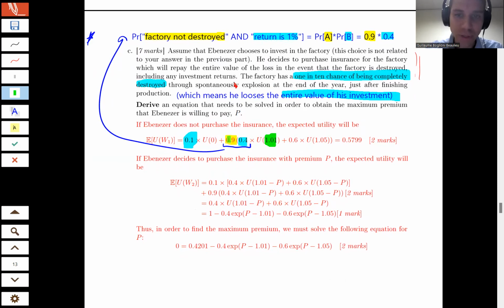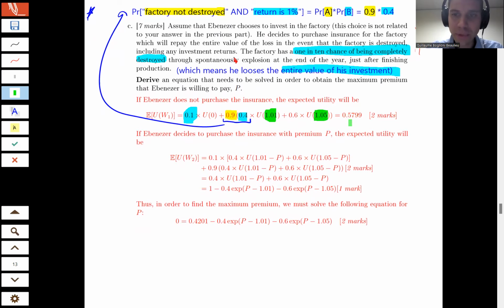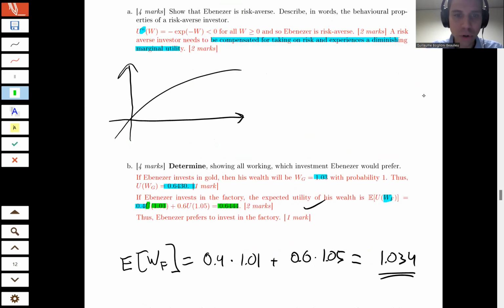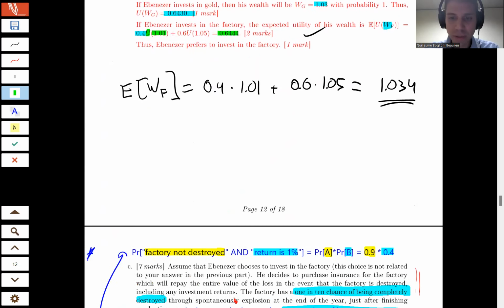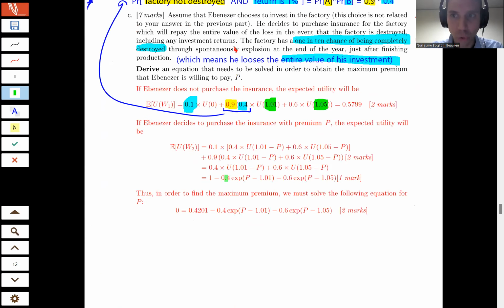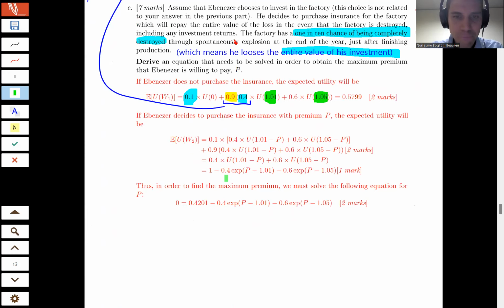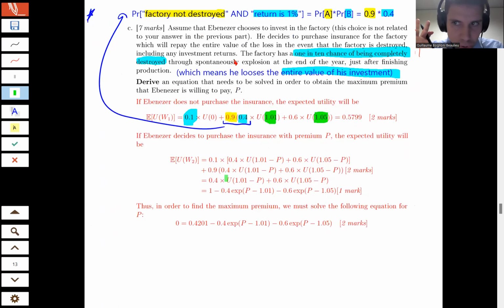This event has probability 0.9 times 0.6, in which case they get a wealth at the end of 1.05. So you plug those numbers into the utilities and you get this number, 0.579, which, not surprisingly, is smaller than the number we had before. Of course now there's a probability he loses everything, which destroys his utility. So that's the option with no insurance.